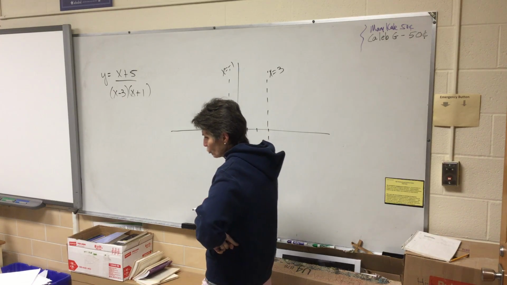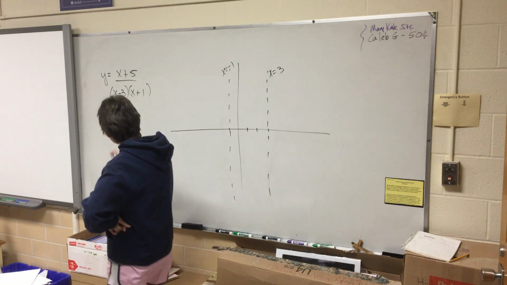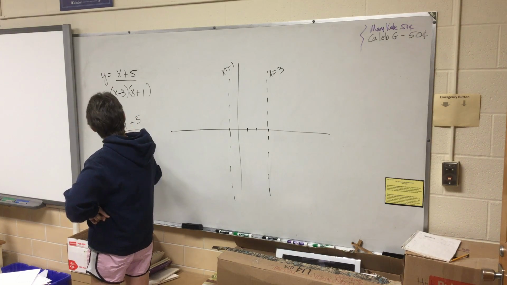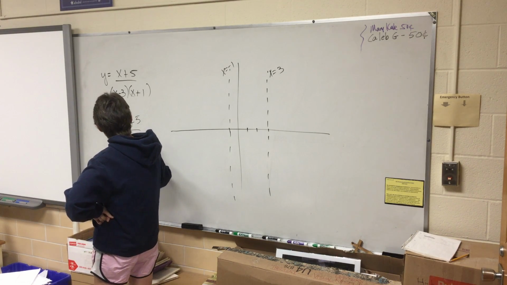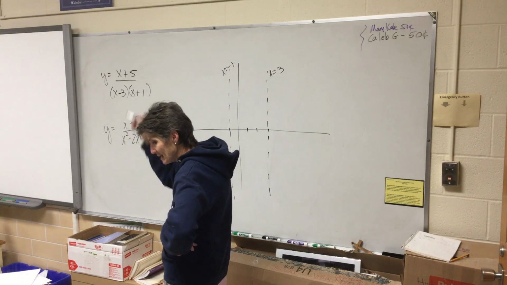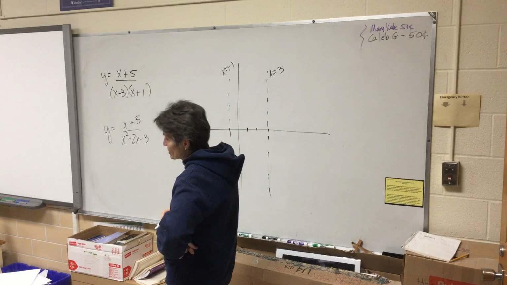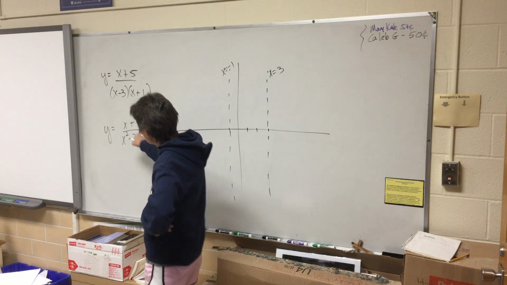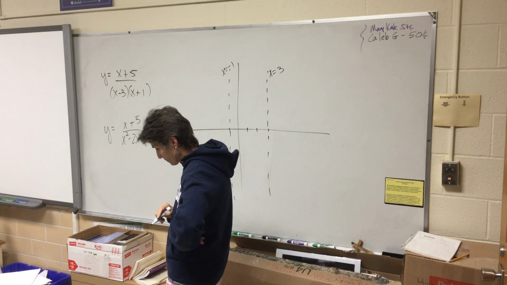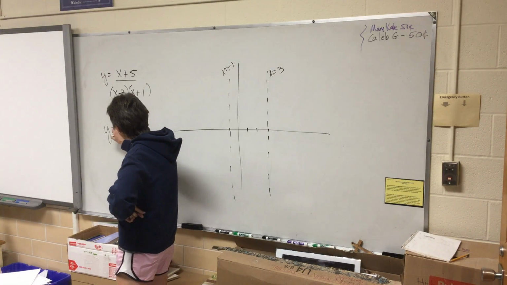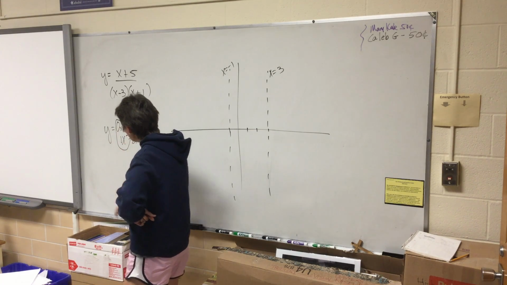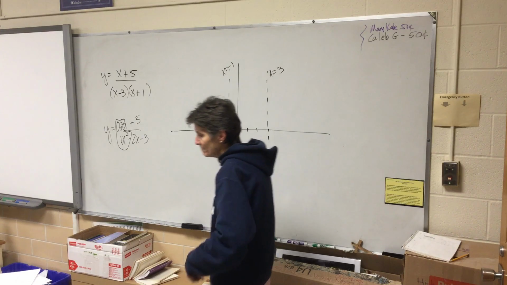Now, this one's a little tricky with the horizontal asymptote, because when we do a horizontal asymptote, we have to compare, remember we box in the highest powers. What's the highest power in this problem? Squared. Yeah, and I don't have any on the top, do I? So when I box those in, I get 0 over 1.